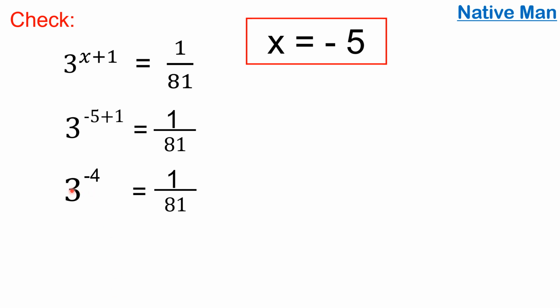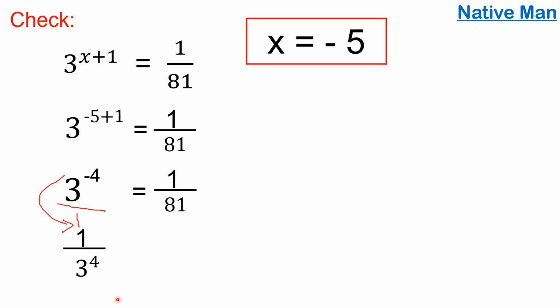Then to simplify 3 raised to negative 4, we are going to remove the negative sign of the exponent. So how? We are going to bring it down here, since the denominator of 3 raised to negative 4 is 1. So this will become 1 over 3 raised to the fourth power. So the negative exponent is removed.